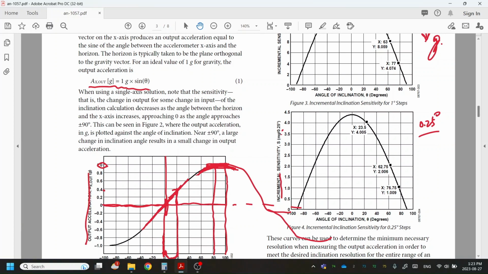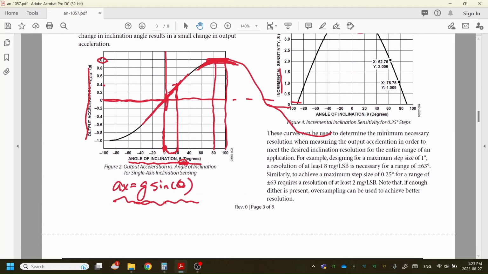Similar idea: small angle, higher sensitivity. For example, around 23.5 degrees, when you add 0.25 degrees, the change in the output is about 4 milli-G per 0.25 degrees. Similar idea as here.